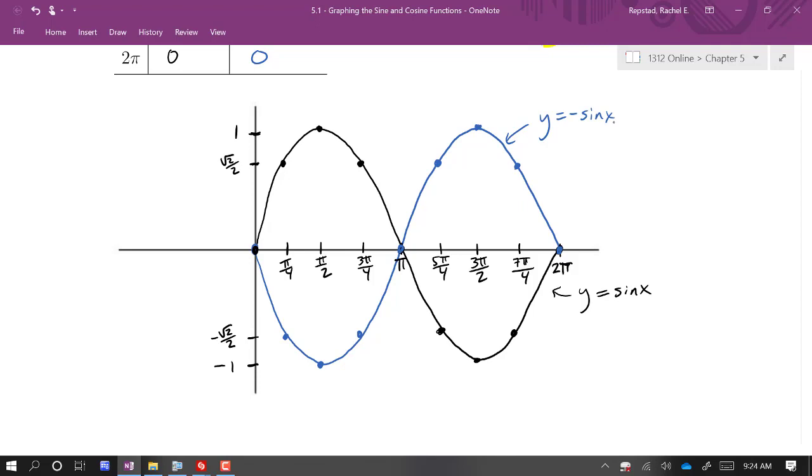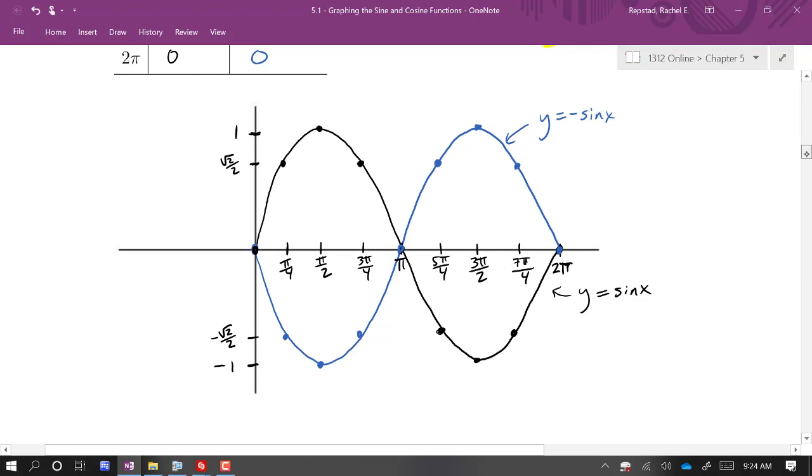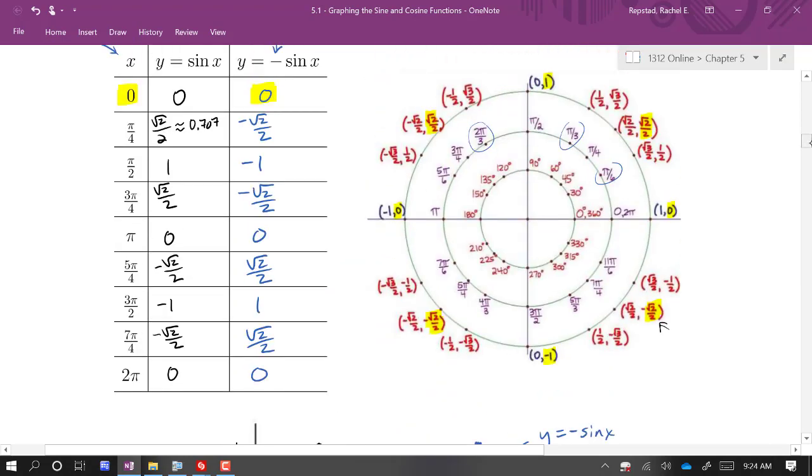The other thing is, you'll notice we only plotted the points from 0 to 2 pi. There's no need to plot any more. It's not that the angles can't keep going. I can have angles bigger than 2 pi, but then those values just repeat themselves, right? So I get all the values of sine as I let theta, or x, range from 0 to 2 pi, all the angles in the circle.